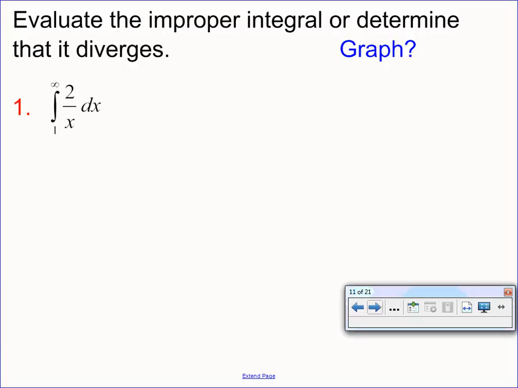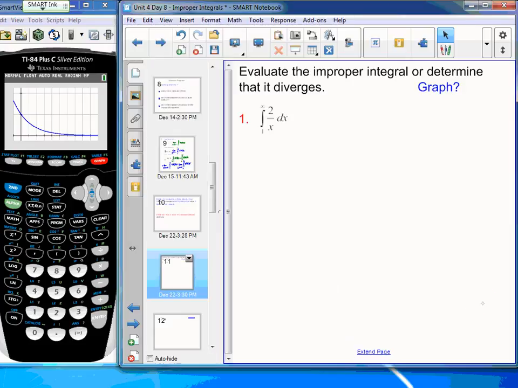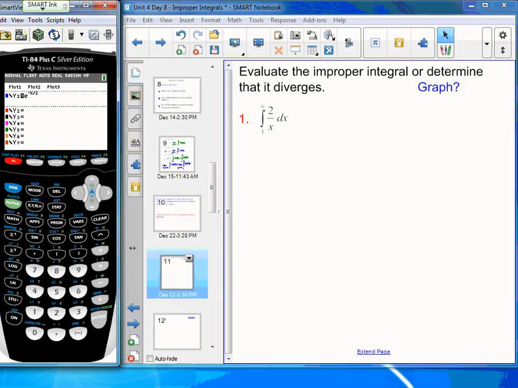All right, so let's go ahead and consider something. Again, we'll be using our graphing calculator to consider the graph and see what it is that we're trying to find. We're trying to find the area between 1 and infinity of the graph 2 over x. So let's go ahead and take a look at this. Everybody on your calculators, let's rewrite my y equals function to consider the integrand function 2 over x.